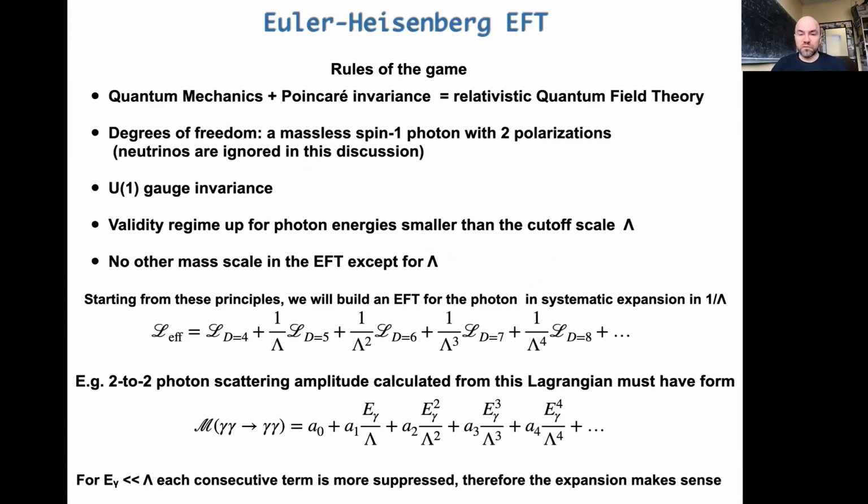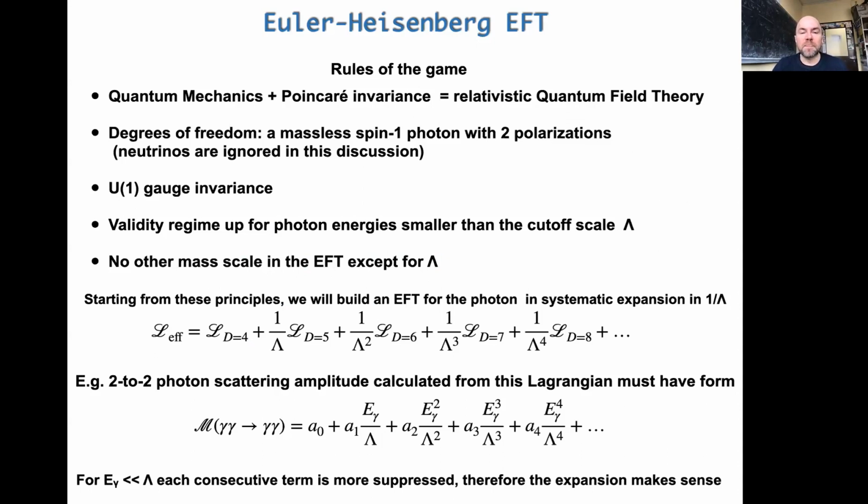What are the rules if we build an effective field theory of photons? The rules that will be used in most of the examples in these lectures are that we start with quantum mechanics, of course, and Poincare invariance, which gives us the framework of relativistic quantum field theory.